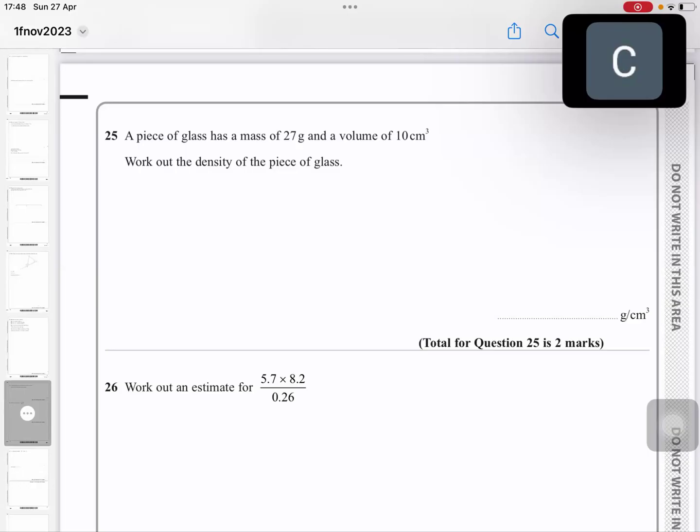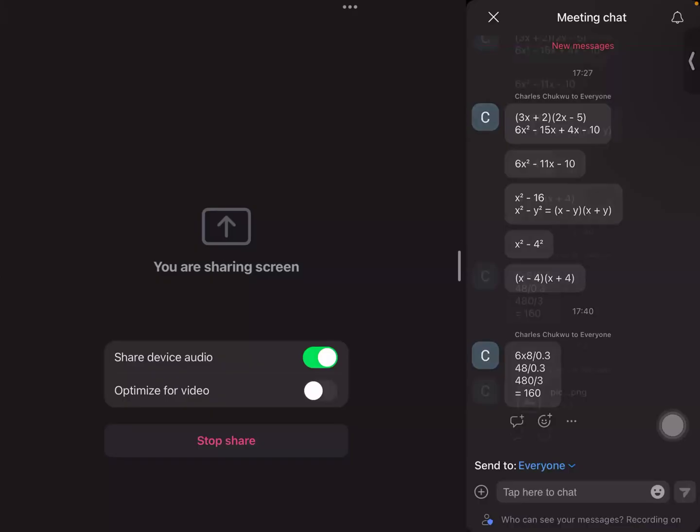Okay, but did you get the concept? I don't know what's up with my keyboard. I'm trying to type, but it's not letting me type. Sorry, 1 minute, please.